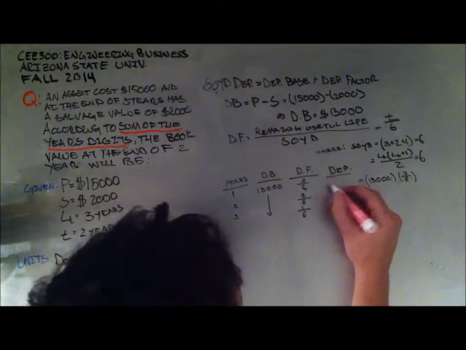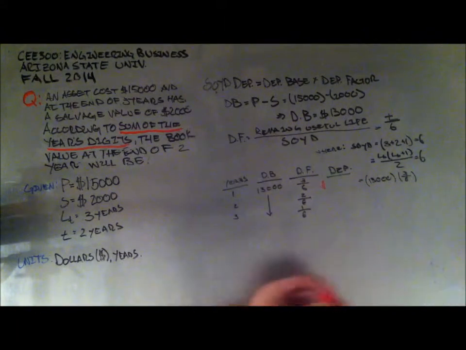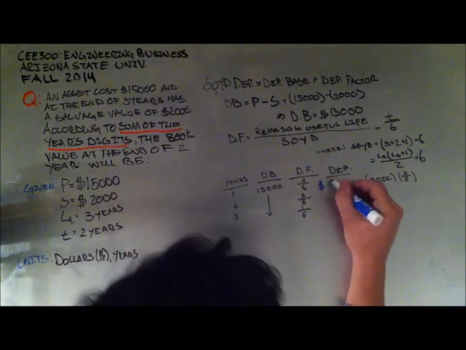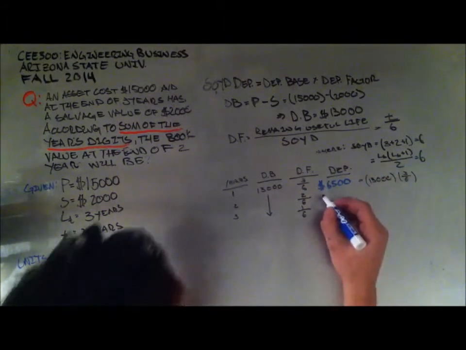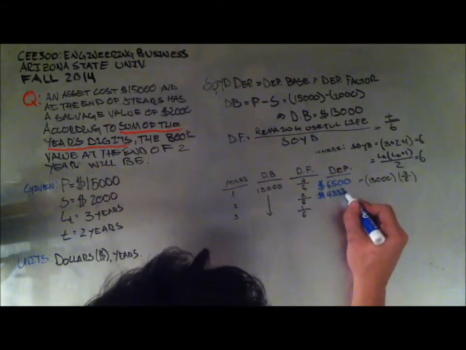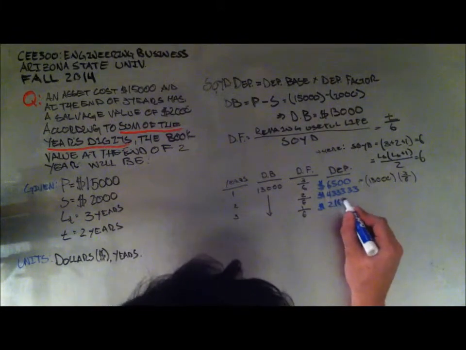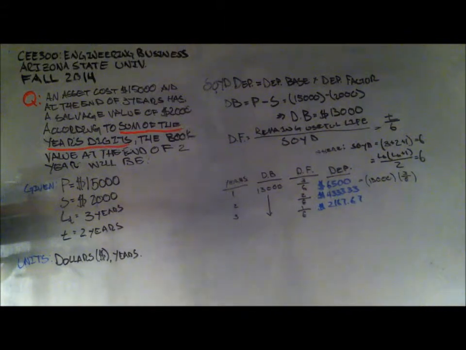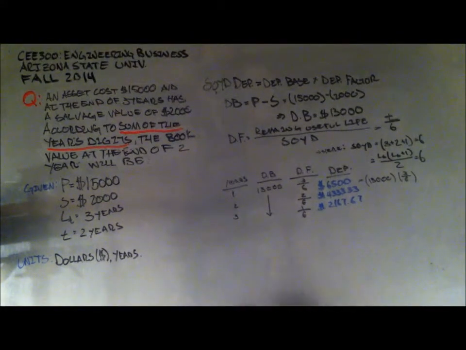And therefore that will give you a depreciable value of $6,500. After year 2, it will be $4,333.33, and year 3 will be $2,167.67. Those are our depreciating values of the asset using the sum of the year's digits.